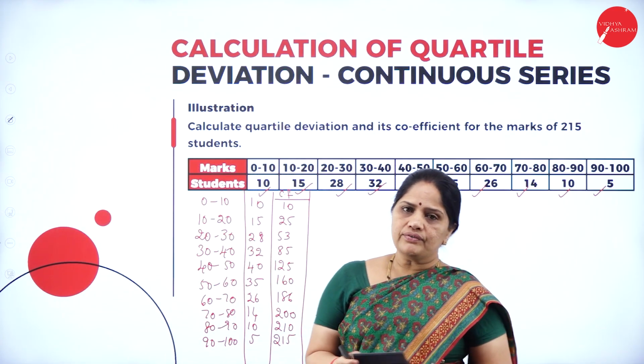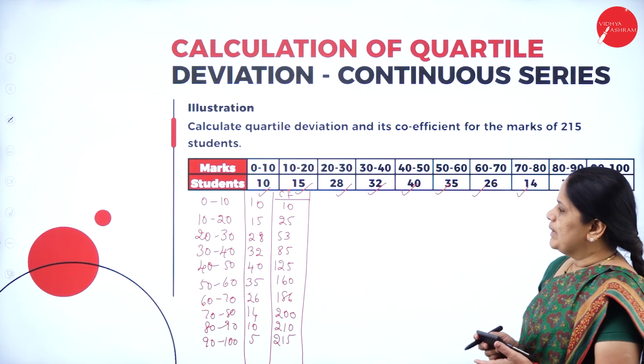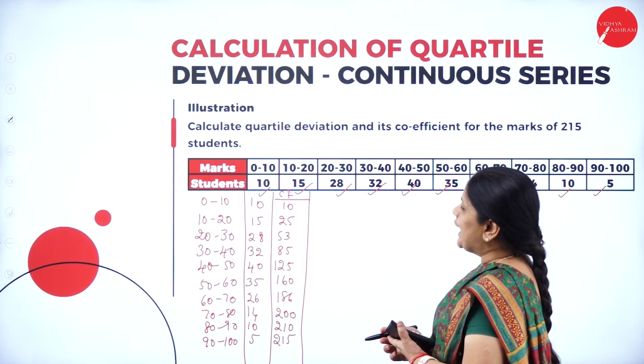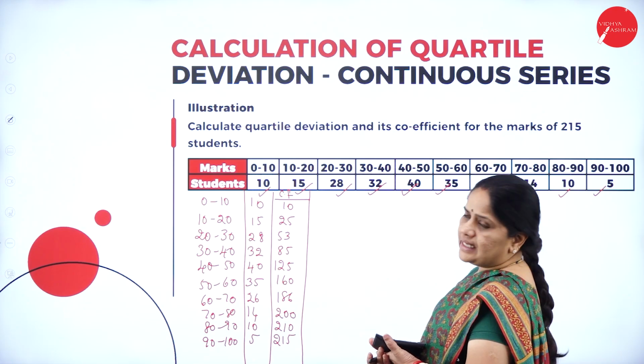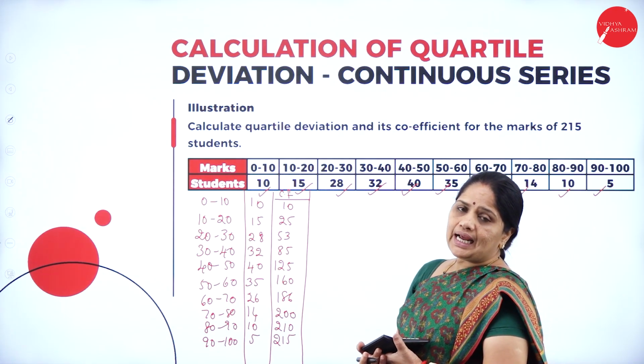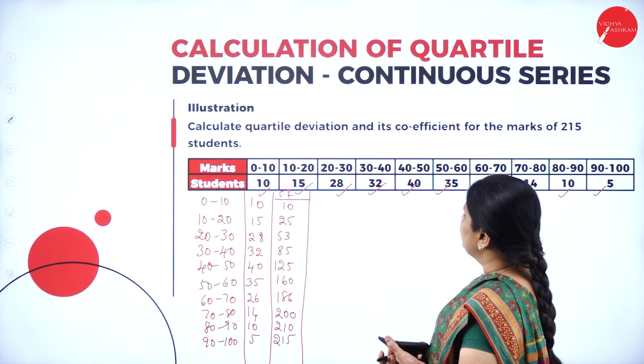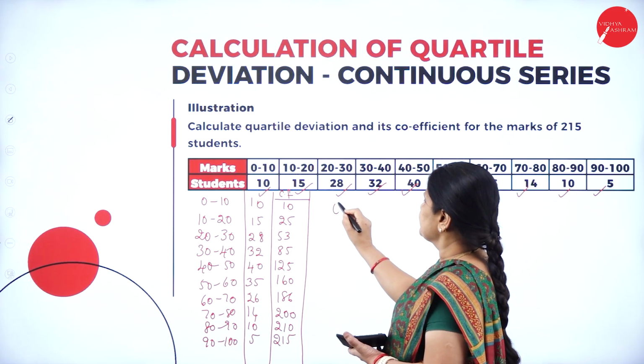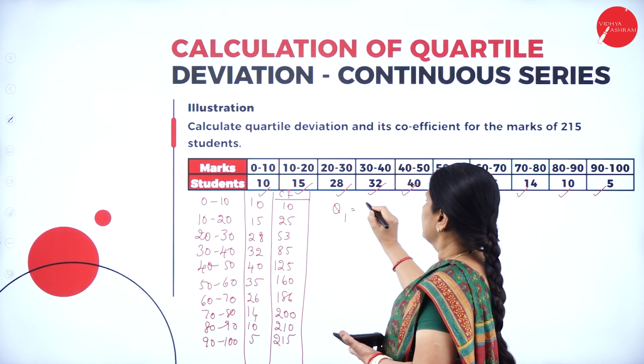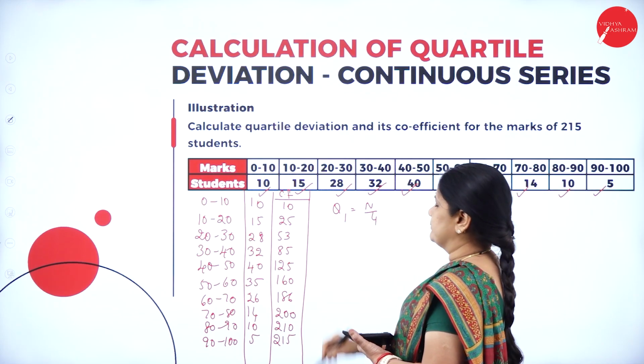So we have the frequencies, we have the marks of the students here. Now we have to just identify the Q1 and Q3. Now how do we find Q1? N by 4.